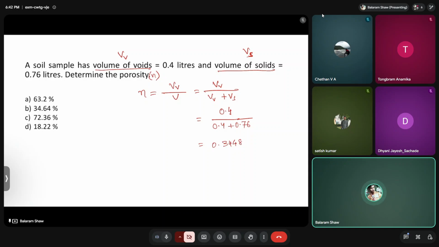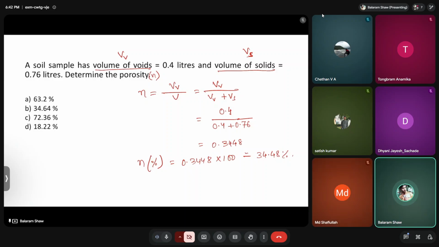Let's put it in percentage, so we multiply this by 100. So n in percentage is 0.3448 times 100, that is around 34.48%. I took fewer decimal places, that's why it is off. The nearest one is 34.64, so the correct answer is 34.64%.